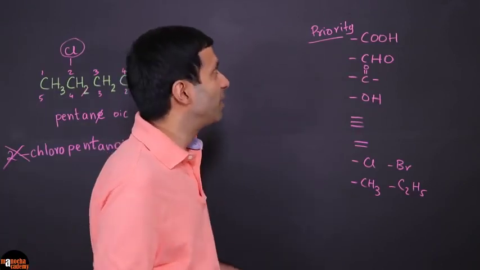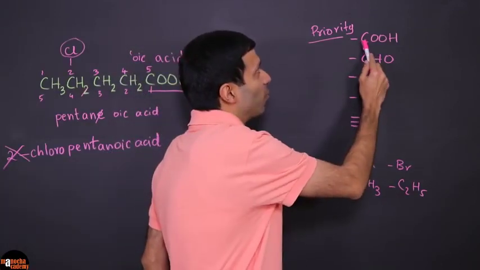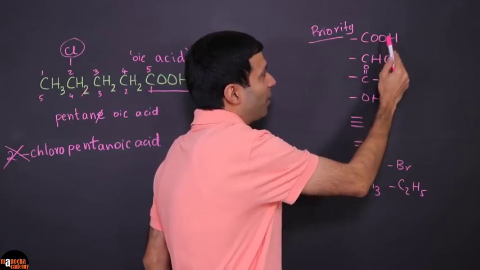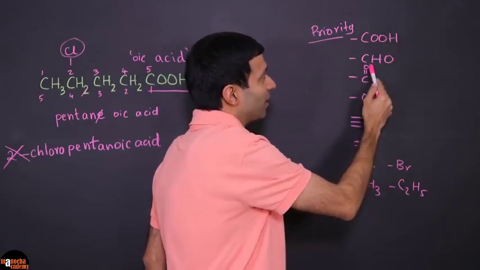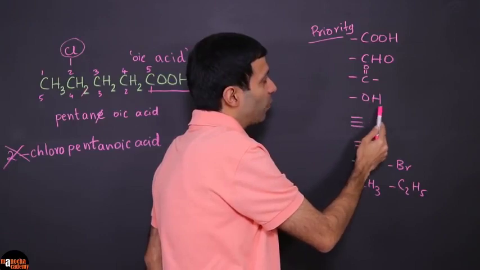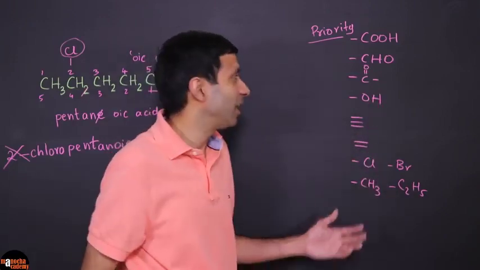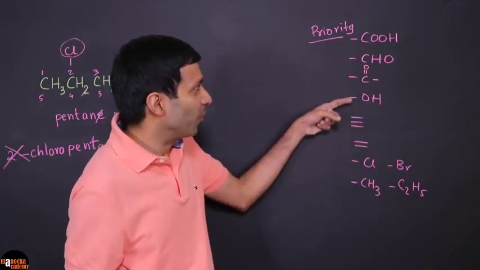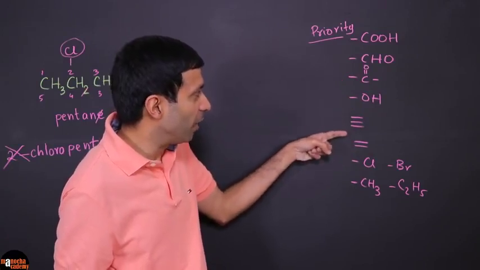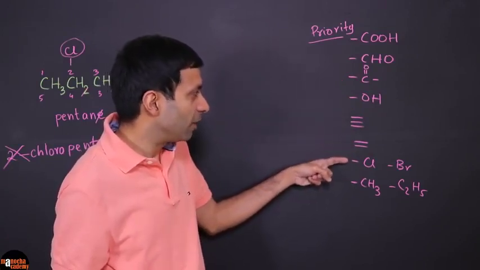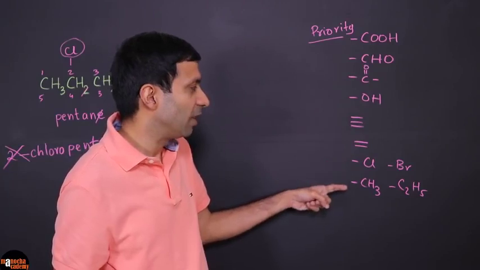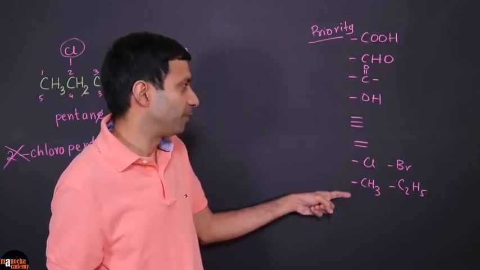An easy way to remember is, this one has the most atoms, 1, 2, 3, 4, so that's the top priority here. This has 3, this has 2, and this one doesn't have carbon. And you know in organic chemistry, carbon is the king. So that's alcohol, then you have the triple and double bond, followed by the halogens, and then the alkyls.